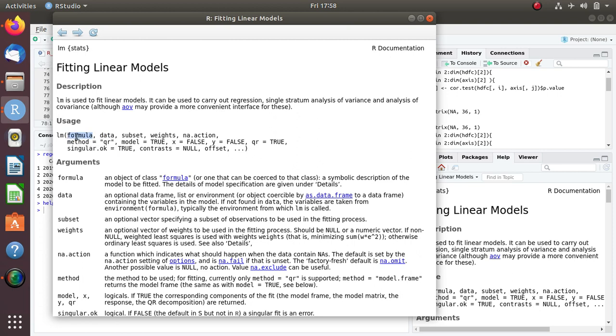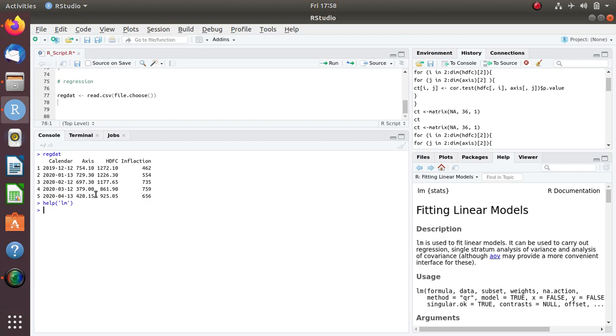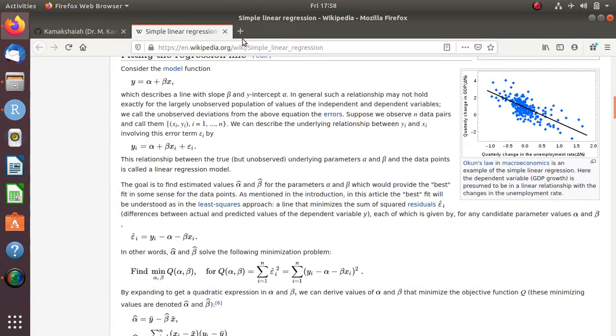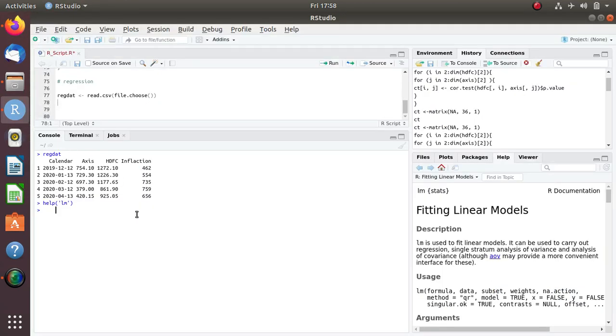Every mathematical formula has an R syntax, and we'll be using R syntax to define the formula. Now y is equal to alpha plus beta x, that is the formula for regression. Now that formula we need to convert to the R formula so that R can understand.